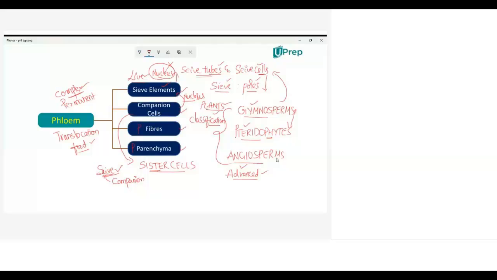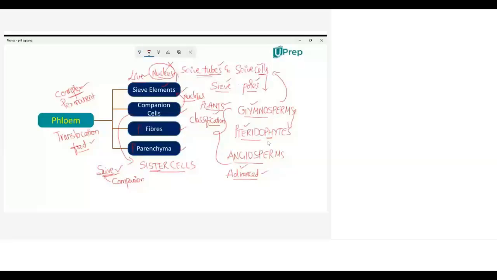Okay, any doubts so far with the gymnosperms, pteridophytes, and so on? Yes, ma'am, I don't understand how the three plant classifications relate to the phloem.